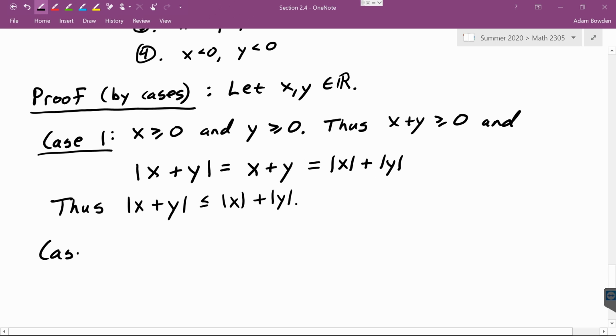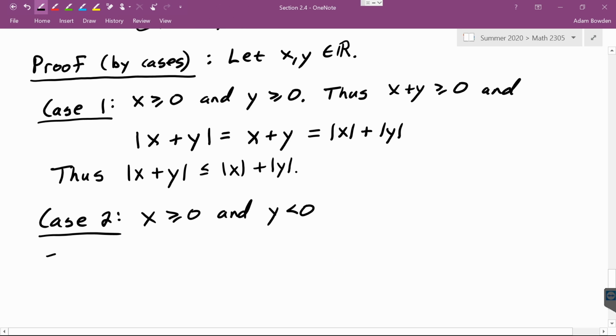And thus for the next case, case 2, we have x is greater than or equal to 0 and y is less than 0. Then as a result, x plus y is less than x plus 0.